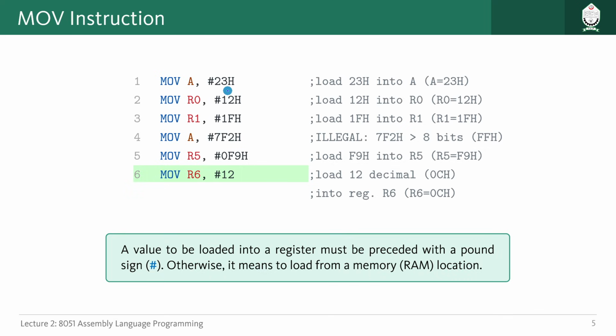Like this is the 23H hexadecimal value we are trying to move, not a memory location, right? Also, for representing hexadecimal values, we use an H at the end of each number. But for decimal, you see we don't have any H or anything written here. If you want to represent a binary number, obviously you have to write a B at the end. So that is the idea.